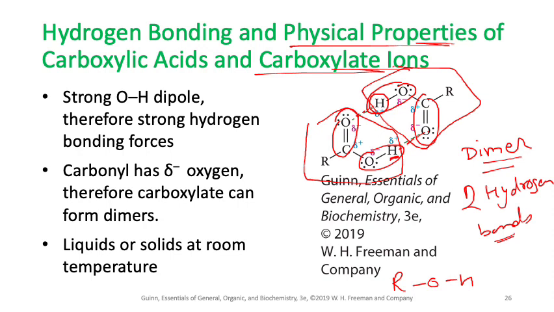If you have an alcohol, ROH, how many hydrogen bonds can it form within the molecule? Just one, right? So remember this: if you compare the boiling point of carboxylic acid and an alcohol, carboxylic acid has a higher boiling point compared to an alcohol, because it can form a dimer.